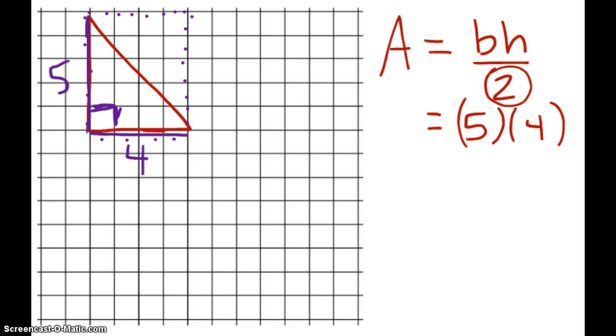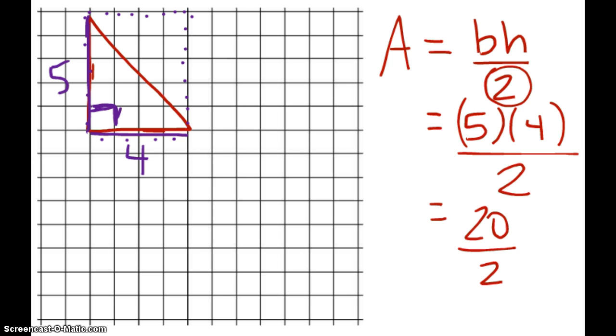So base 4 times 5, it doesn't really matter which comes first because it's all the same, divided by 2. So 4 times 5 is 20, divided by 2 is 10 units squared. So the area of this triangle right here is 10 units squared. Just the base times the height divided by 2.